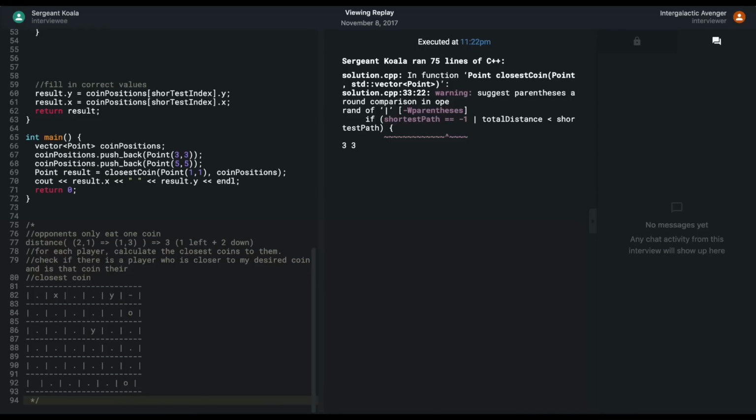And then I would say, oh, but this coin is Y's closest coin, and he's closer than me. So because it's Y's closest coin, we know he's not going to go for another coin. He's going to go for this one, and he's closer than me, so he's going to win. So I can't get that one either.